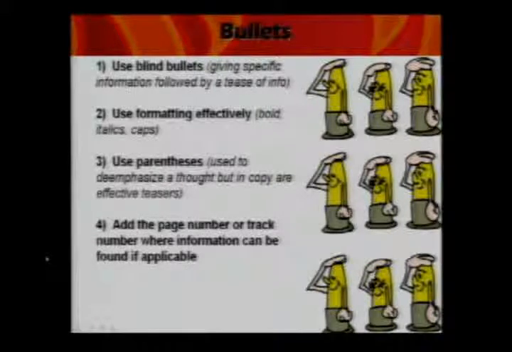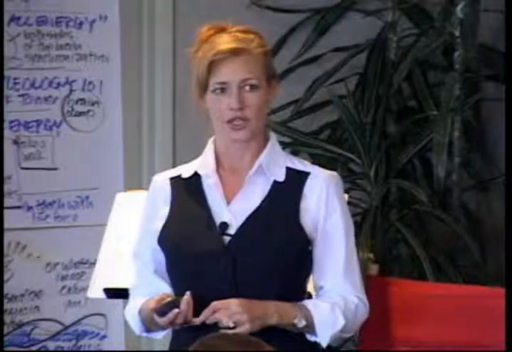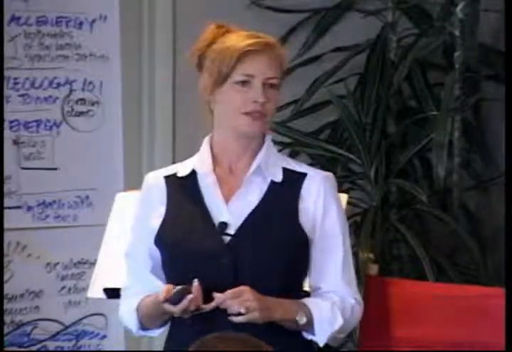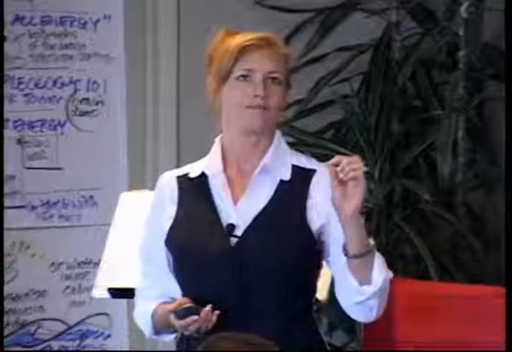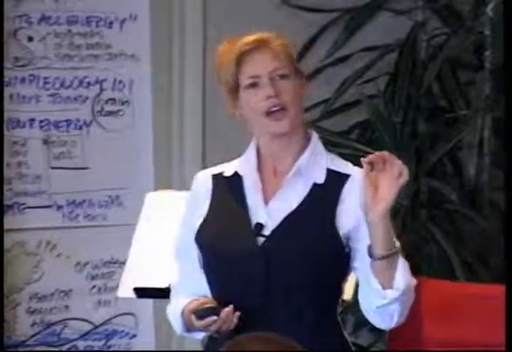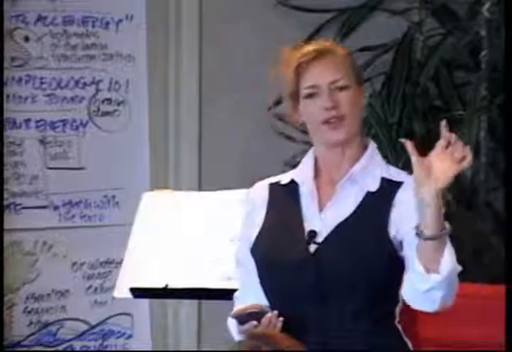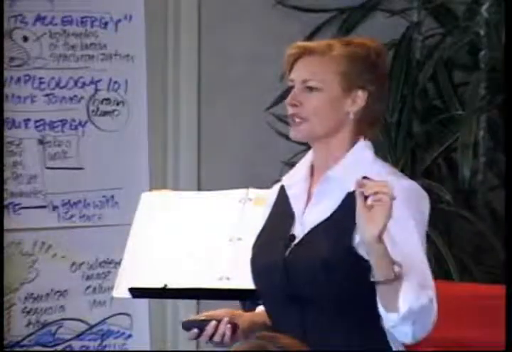Add a page number or a track number where information can be found, if applicable. For instance, if you're selling an audio product or a workbook, tell them what page to go to, what track to go to to find that specific information. Reader's Digest and that group did a really good job of this. I think they're the ones who invented it, actually. On the cover, they'll say the article, and then they'll say page 26.